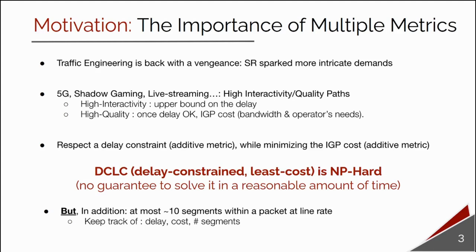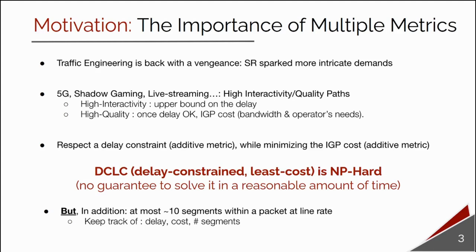More precisely, for new real-time services, ISPs would like to be able to compute paths which can guarantee a certain delay to ensure a high interactivity, and also still minimize the IGP cost, to consider the bandwidths and the network design. The problem of respecting a constraint on an additive metric, so the delay in this case, while minimizing another one, the IGP cost here, is a problem known as DCLC, delay constraint least cost.